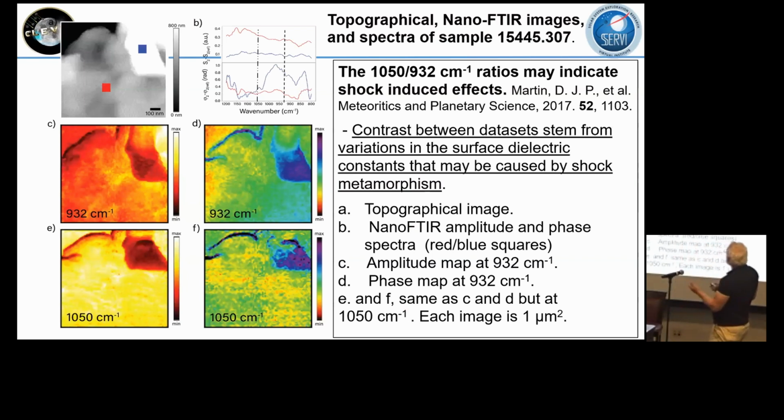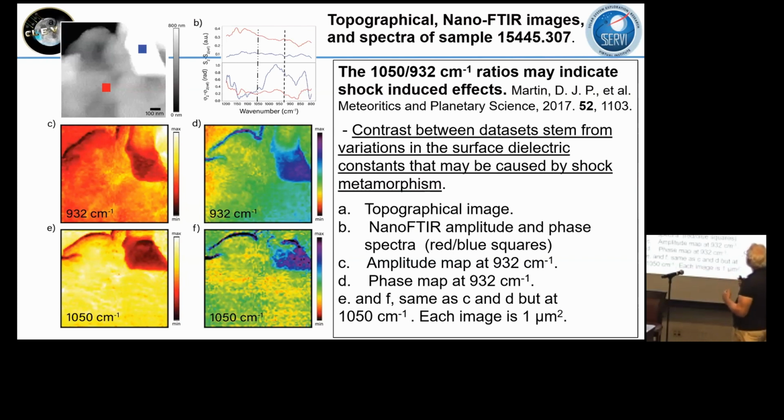So what we have is a topographical map like it was demonstrated. You can move this around and get a spectra and spectroscopically resolve this and topographically resolve this. There's a pretty interesting paper out there. There's a couple of papers by Martin where they say that this 1050 to 932 ratio may indicate shock-induced effects.